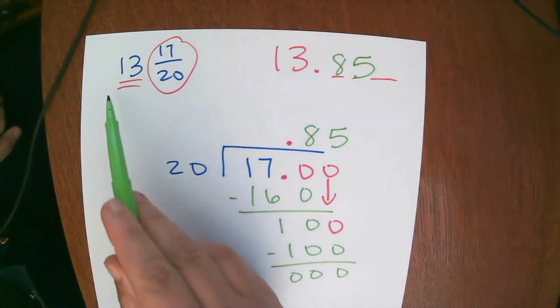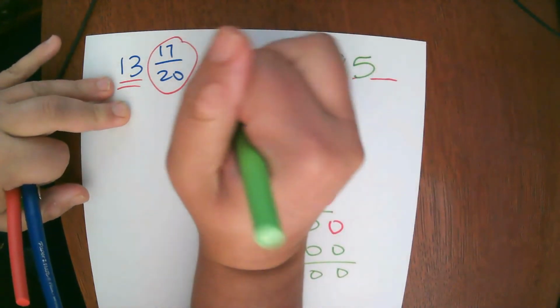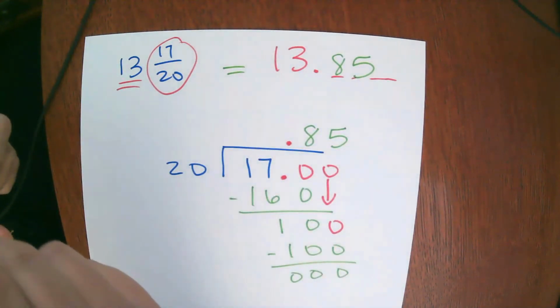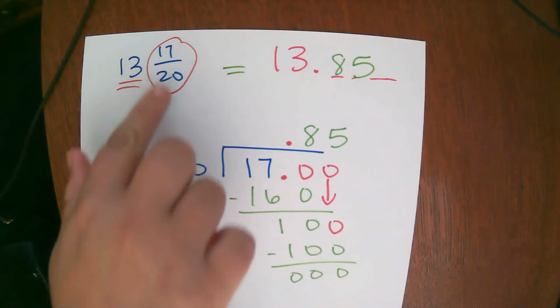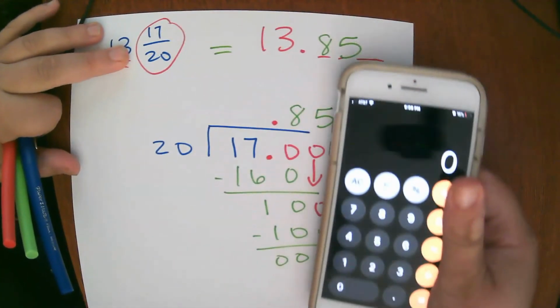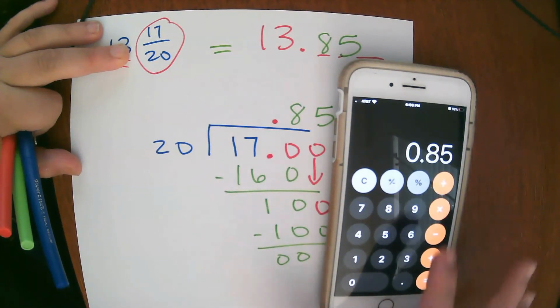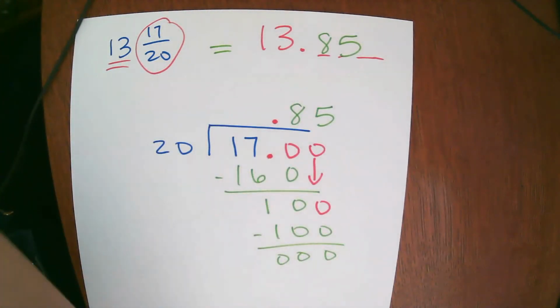So my answer is 13.85. That is how I convert 13 and 17/20 into a decimal. 13.85.